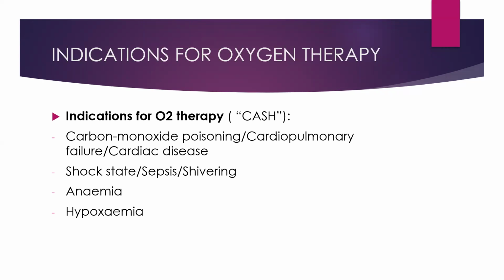Shivering, increased metabolic demand, and then when you have hypoxia or hypoxemia resulting from hypoventilation or any form of hypoxia, maybe from breathing at high altitude. So these are basically the common indications for oxygen therapy.